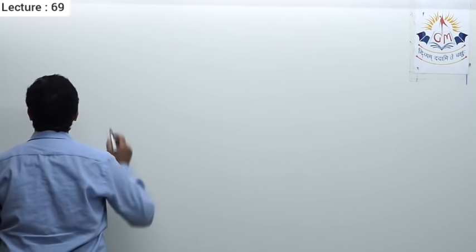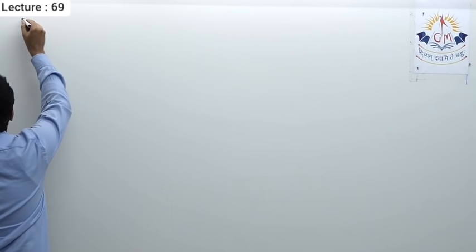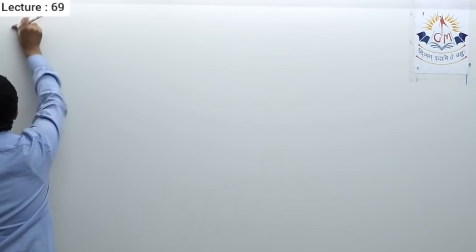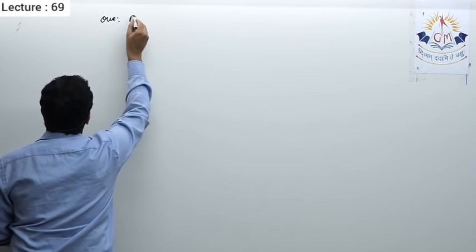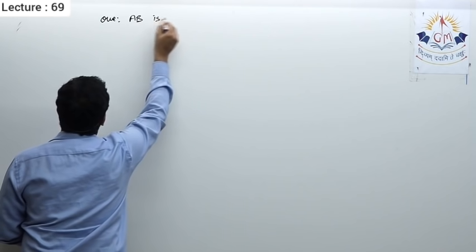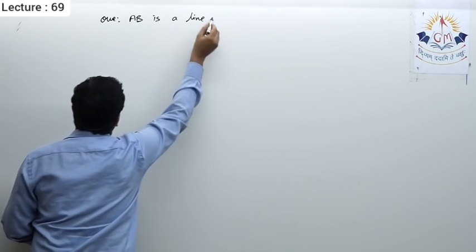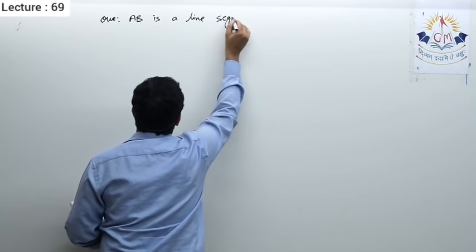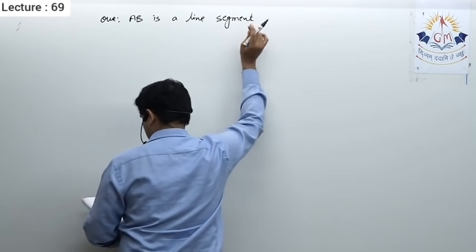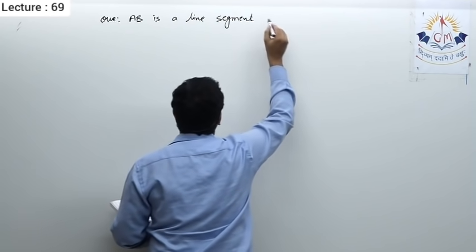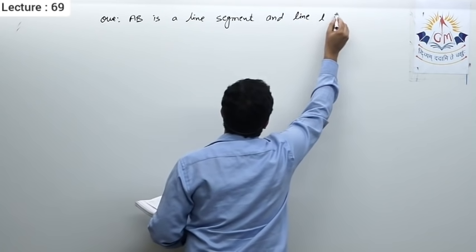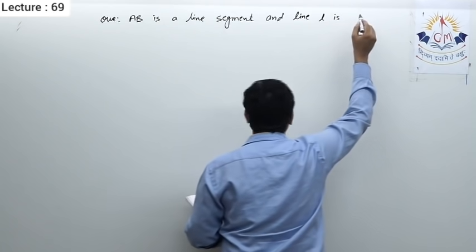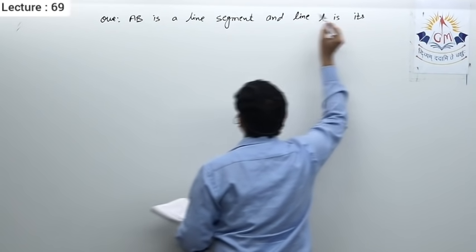AB is a line segment and line L is its perpendicular bisector.